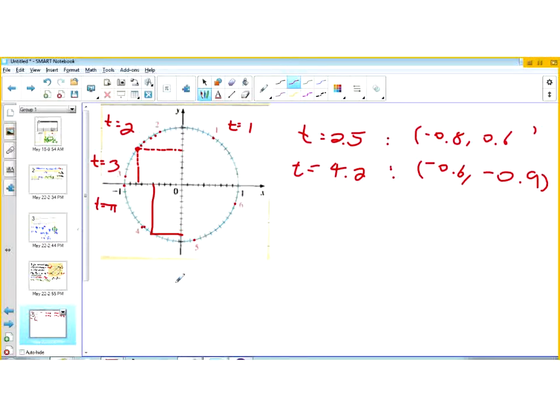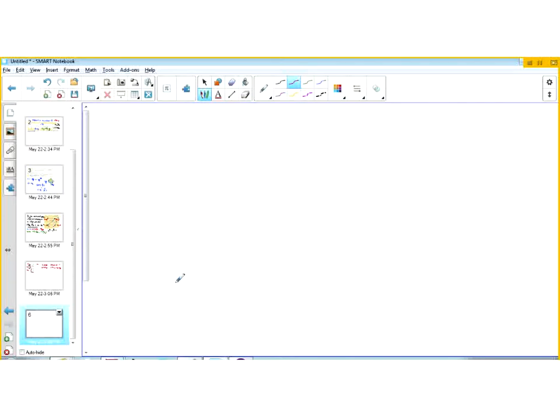So now what's interesting is that we can actually do some proofs for determining the coordinates of terminal points. An interesting proof would be to find the terminal point for pi over 6.